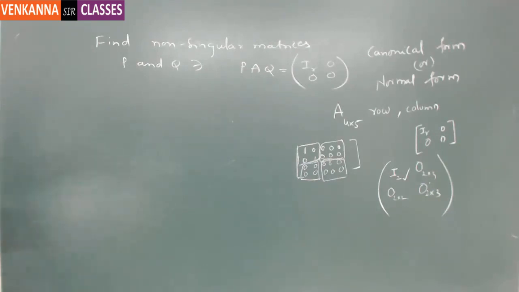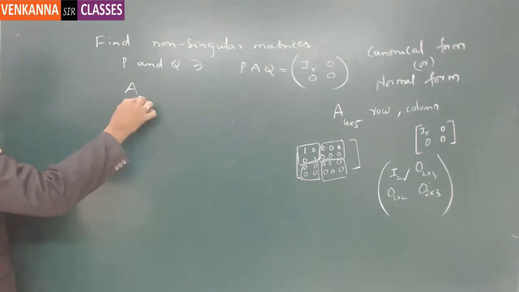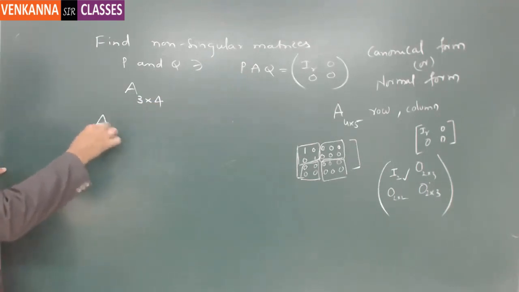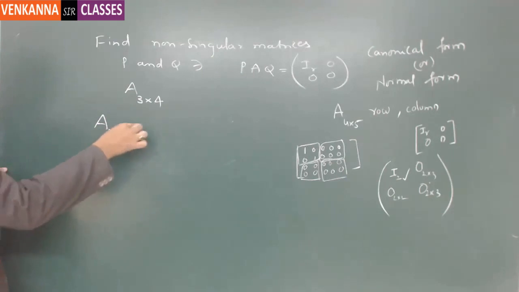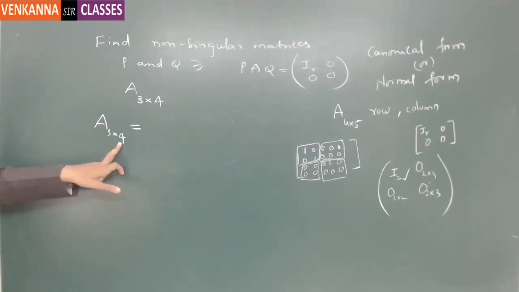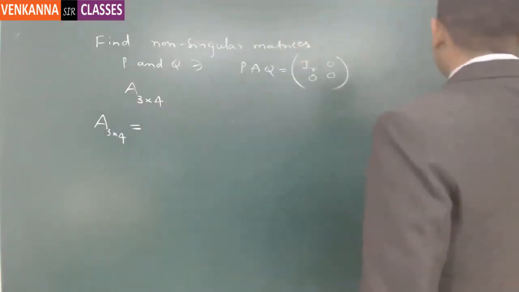So for this, the simple procedure is what I will describe. Suppose we have taken the matrix A of order 3 by 4. You write A 3 by 4 with the number of rows 3 and the number of columns 4, so you take two identity matrices.